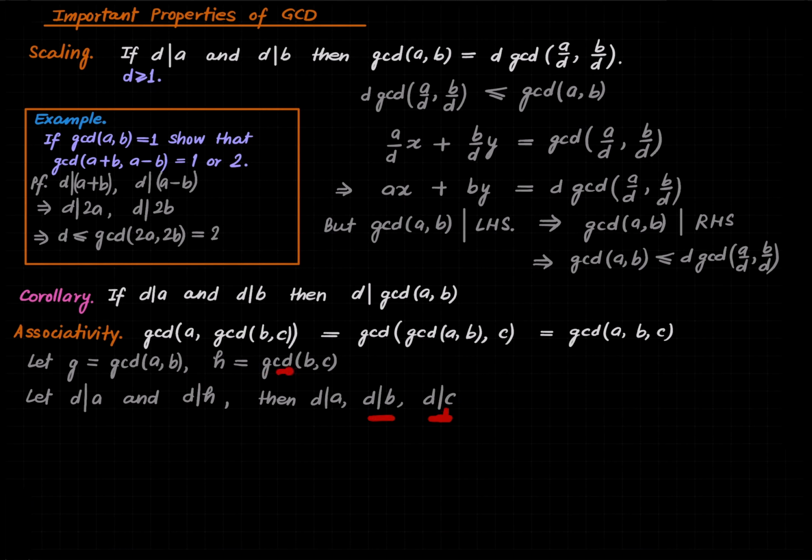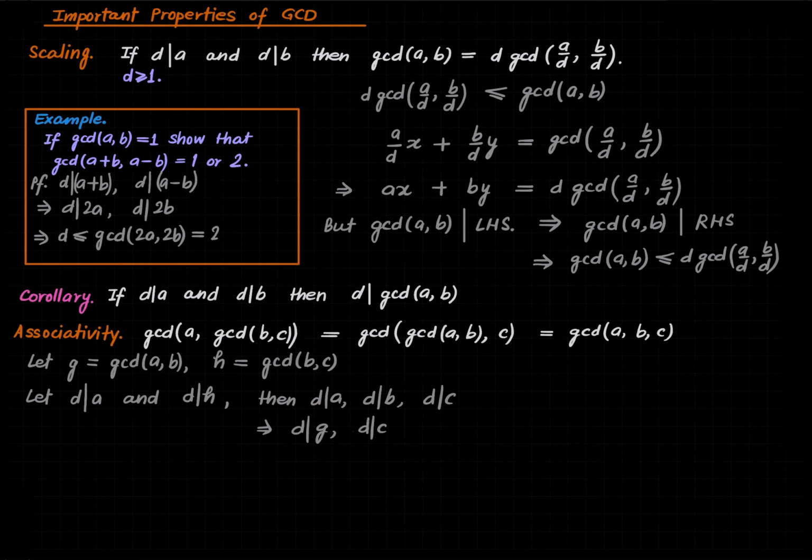If something divides the GCD of two numbers, it is naturally going to divide the two numbers because the GCD divides the two numbers. So far we haven't made use of this corollary, but now we will make use of the corollary and say that D divides G and D divides C.